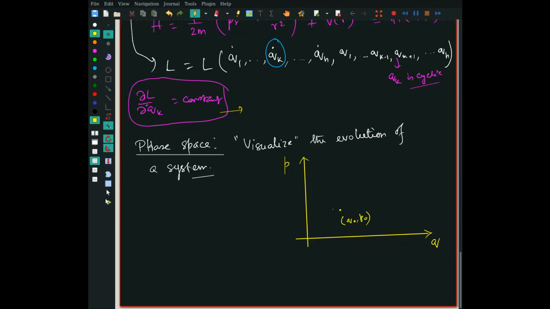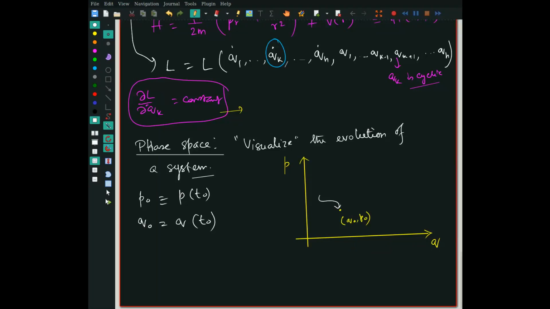This is the system at t equals t0. So p0 is the value of p at t equals t0, and q0 is the value of q at time t0. Somehow you can locate the particle at t equals t0. The system is here.